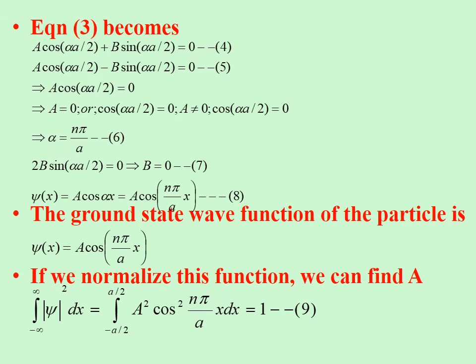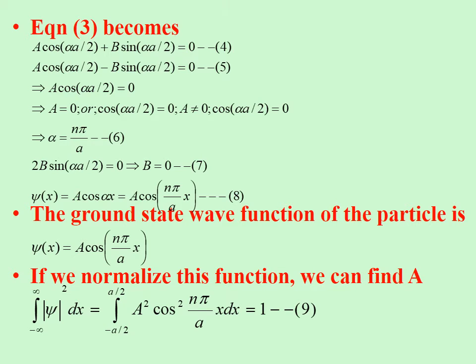That implies alpha a by 2 should be equal to n pi by 2, then only this cos value is equal to 0. If that is the case, then alpha is equal to n pi by a. Similarly, if you subtract these two equations, we get 2B sin alpha a by 2 is equal to 0, which is possible only if B is equal to 0.